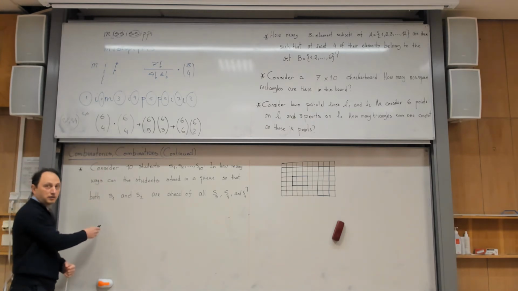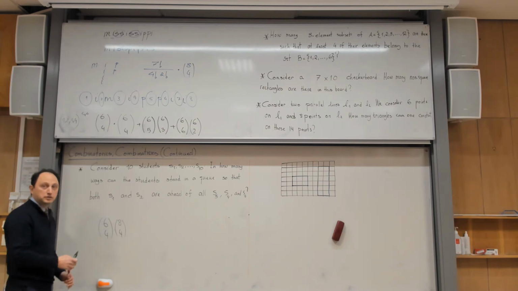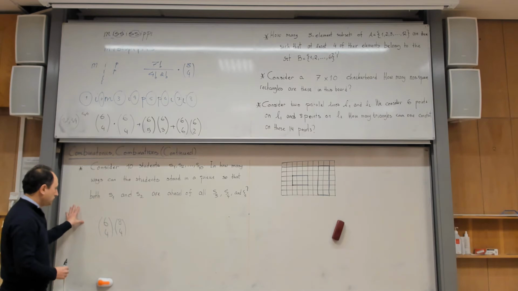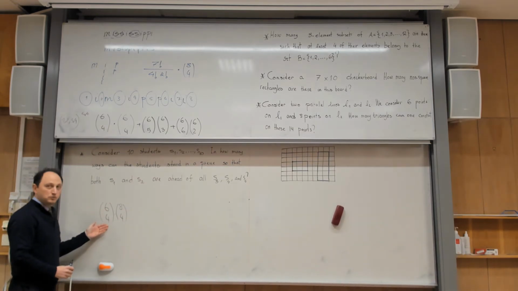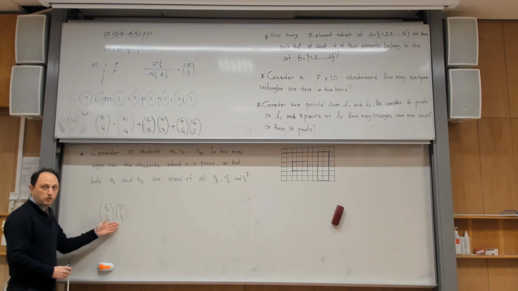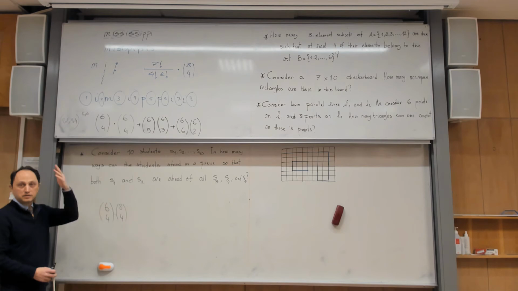Tell me to write it down. 6 choose 4, multiplied by 8 choose 4, and that's it. But it becomes much larger. Yes, it's much larger because I don't understand what is the philosophy behind that. Because where is the word at least? How is your solution affected if I take the word at least from the problem?